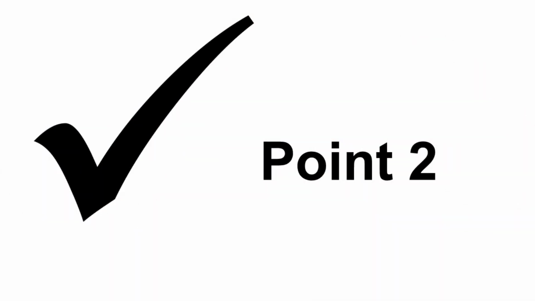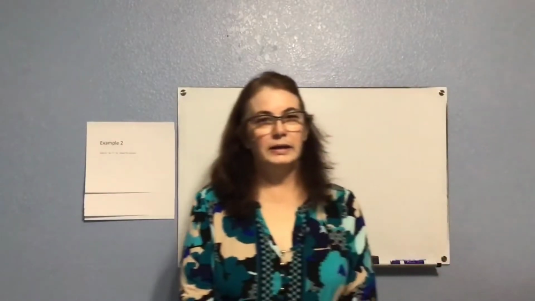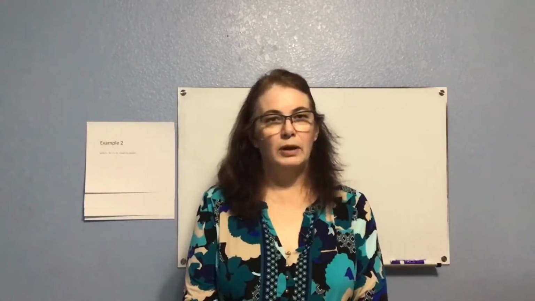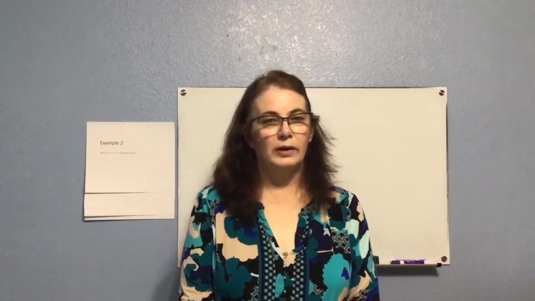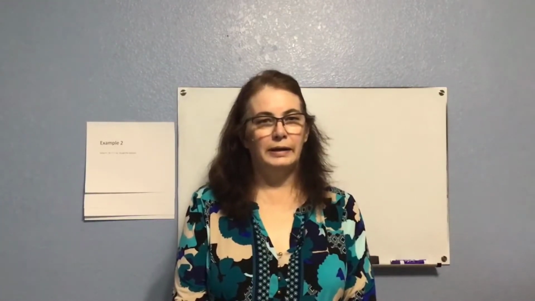Pause the video and work the problems in checkpoint 2. In our next example, the inequality will have a variable on both sides of the inequality. And again, we're going to solve this just as we would an equation.